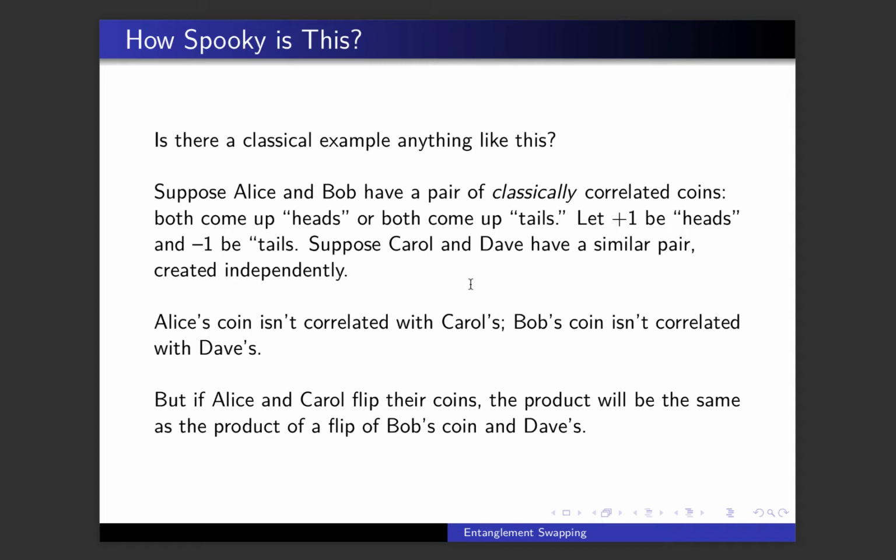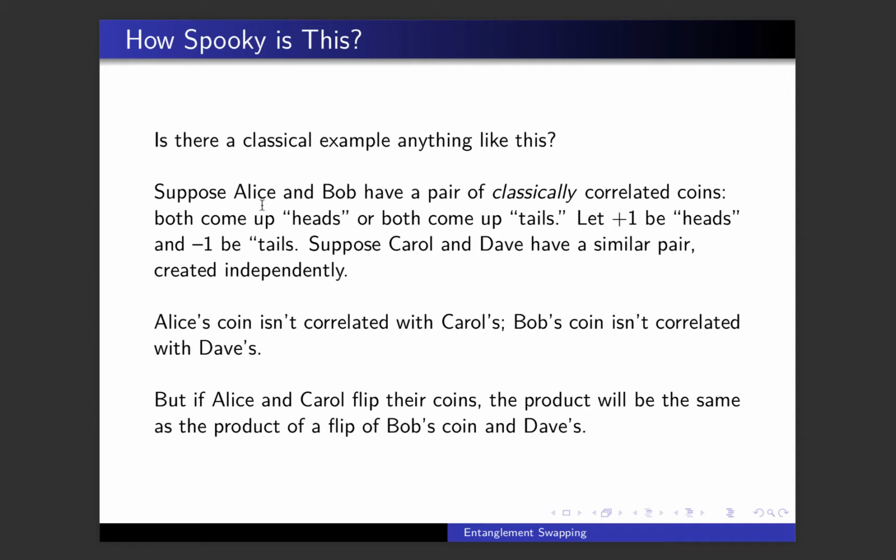We can also see that there are some classical cases that have some analogies, though very imperfect ones, to entanglement swapping, or to the kinds of correlations we've seen here. Suppose Alice and Bob have a pair of classically correlated, we'll call them coins, although you could use another example.